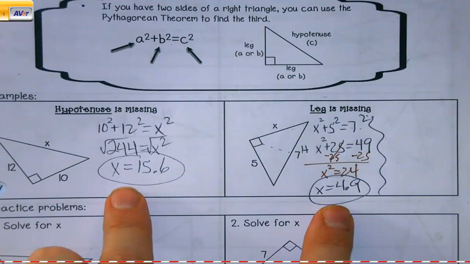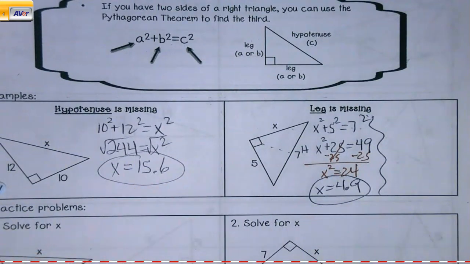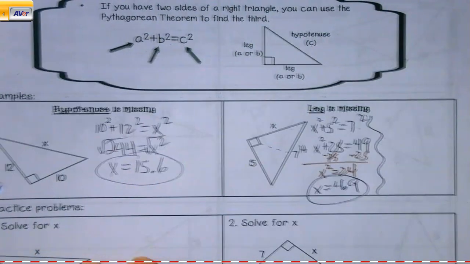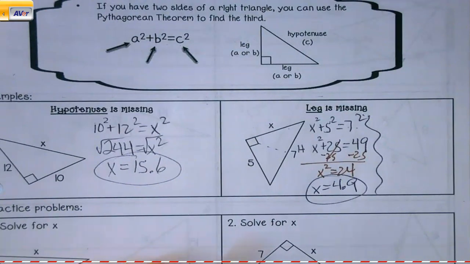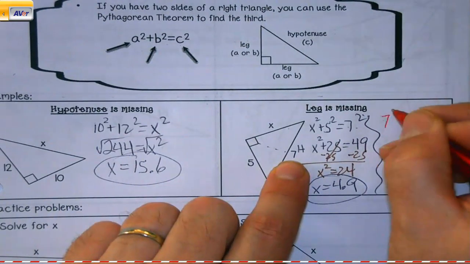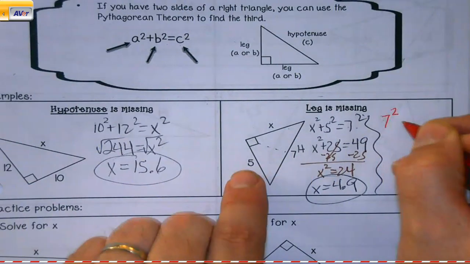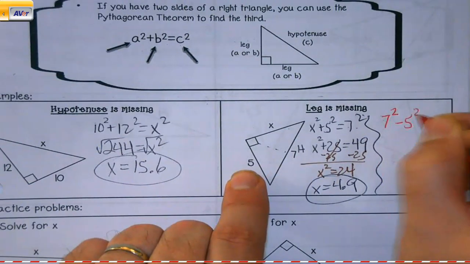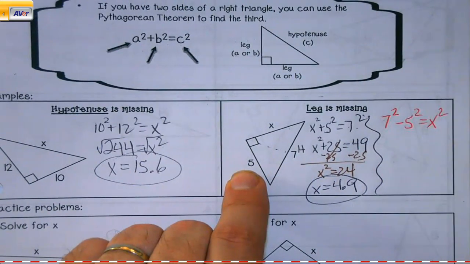Okay? If you like a little bit of a way of condensing your work, here's your other option. If it's the leg that's missing, you can take the hypotenuse squared minus your leg squared and do it in one step.